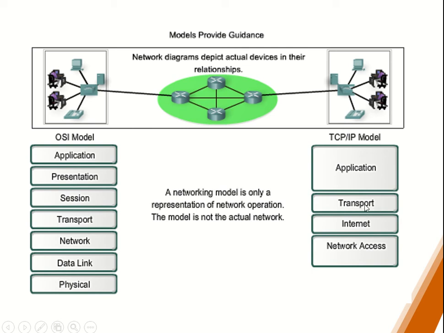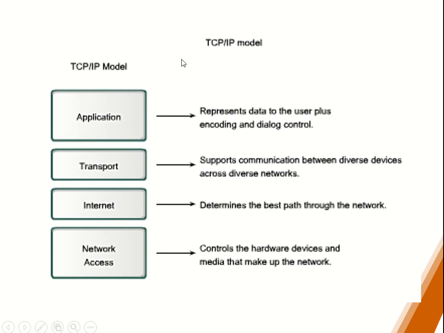They are the same, at the same level. The network layer here is called internet, and the first two layers of the OSI are called network access in the TCP/IP model.